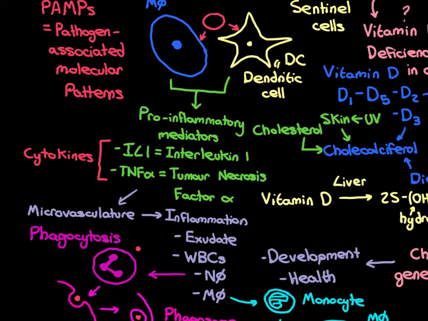These will go and act on the microvasculature blood vessels and will trigger a response in the microvasculature blood vessels. The microvasculature blood vessels will now start allowing proteins from the bloodstream along with fluid from the bloodstream to go into the extracellular fluid in that tissue. So you'll start forming an inflammatory exudate, and those proteins will hopefully start to attack the pathogen.